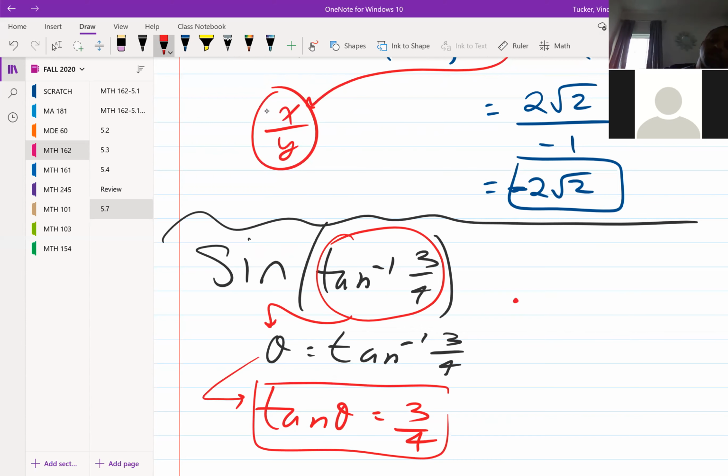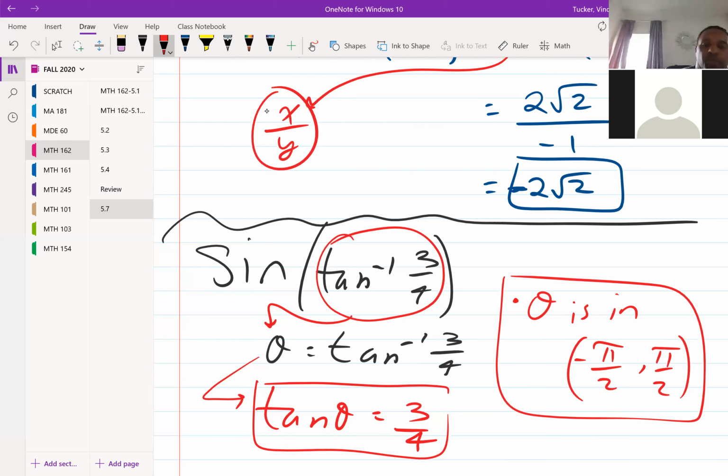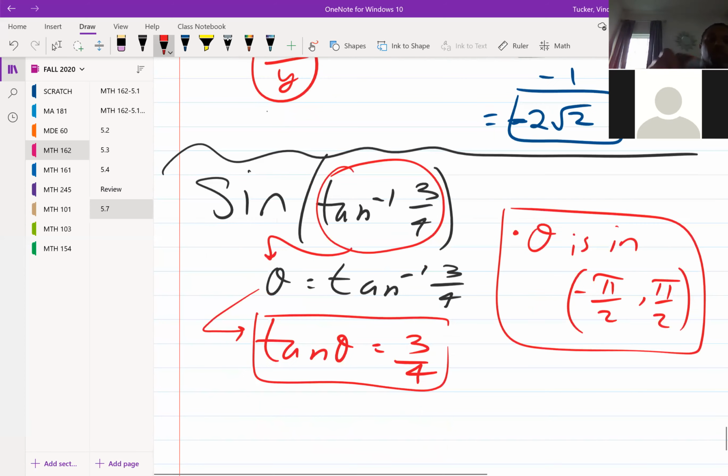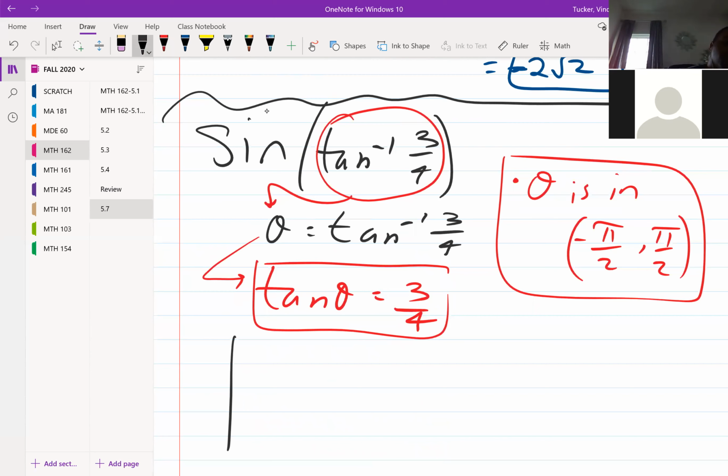Also, don't forget theta is in negative pi over 2, pi over 2. Remember that's set up according to the domain of your inverse function. All right. Set up the diagram.